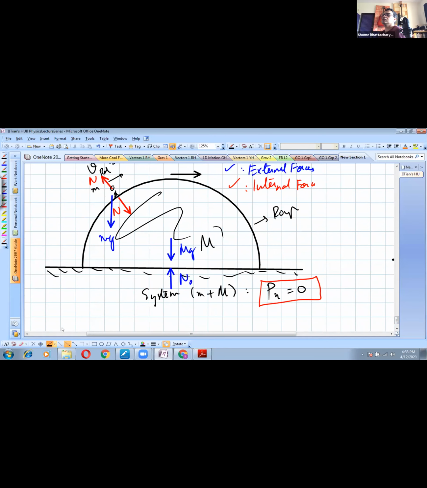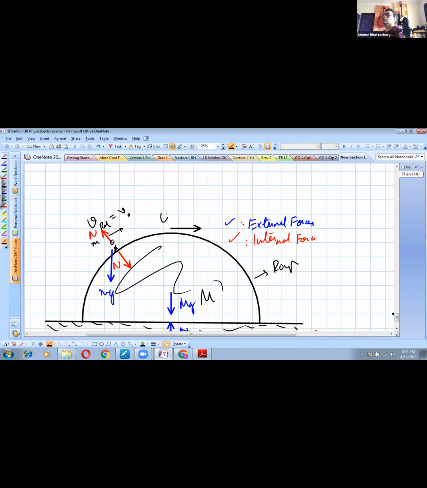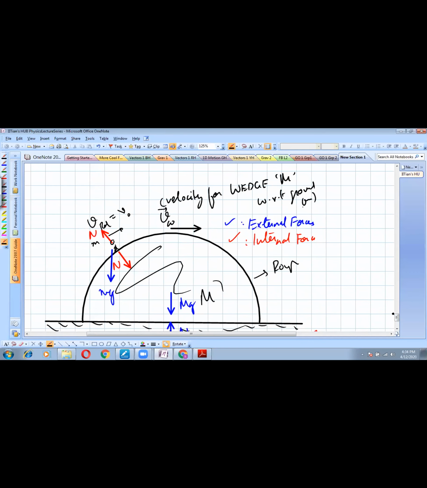Let us say this is the velocity of the wedge with respect to ground. This is VW, the velocity for the wedge, capital M, with respect to the ground frame. Let's come down to the analysis of the momenta.